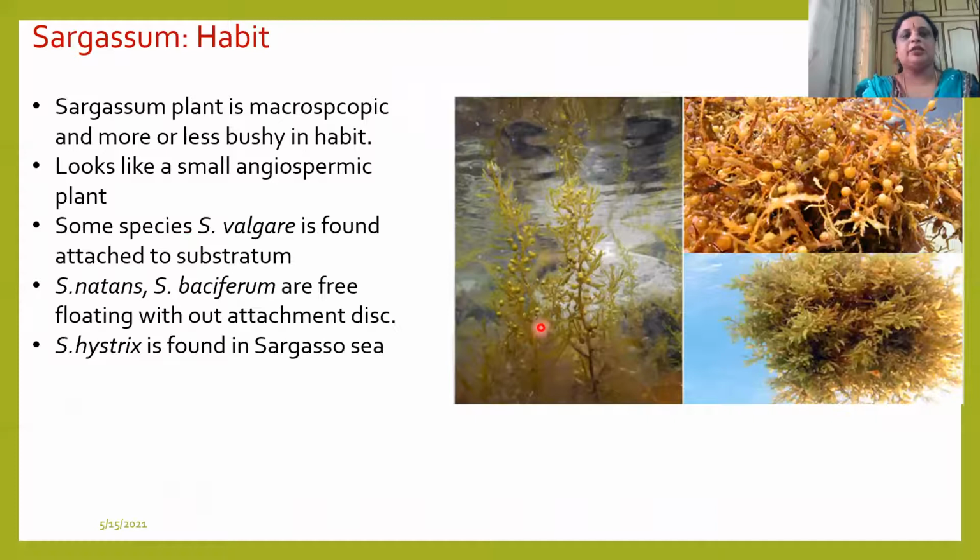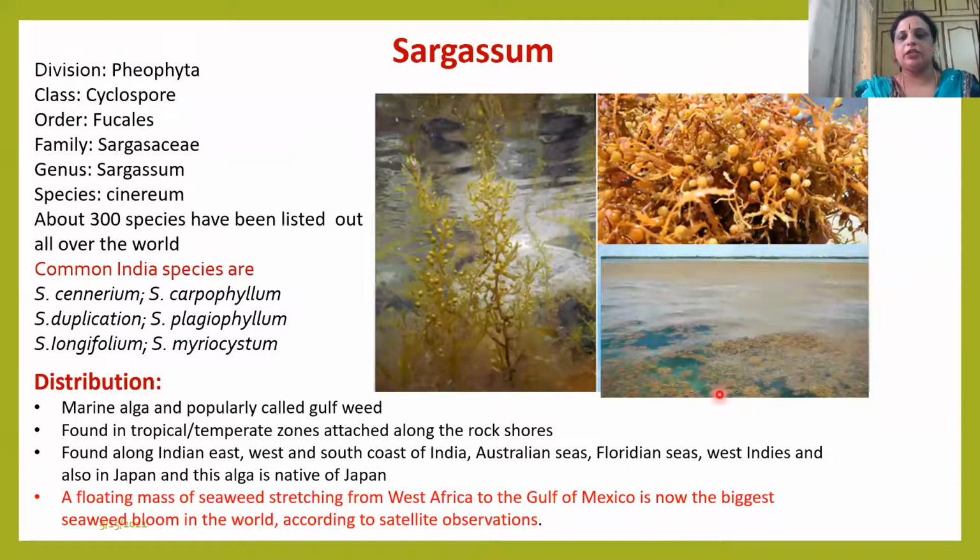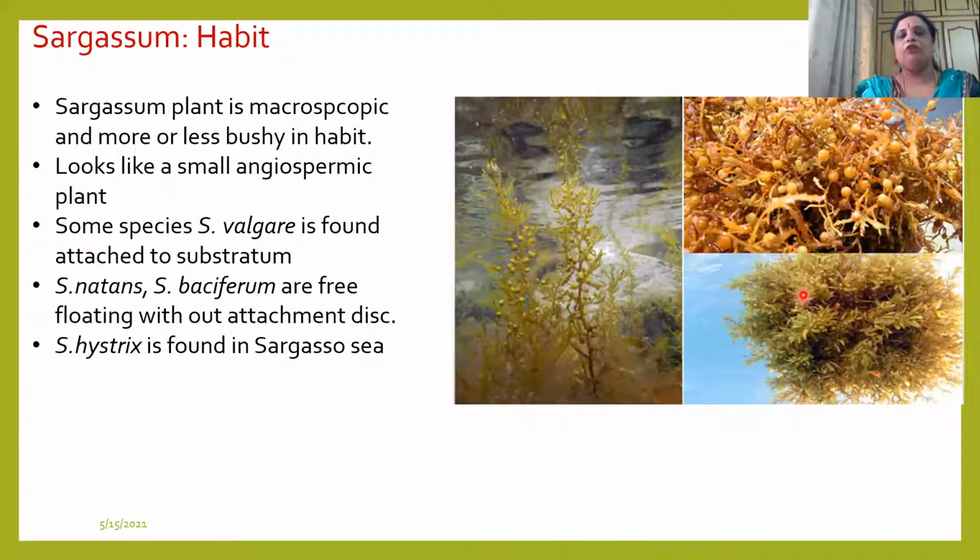We also studied its habitat, as I had mentioned in my previous class. This is an alga which looks like a bushy angiosperm plant, and most of the species are found to be floating. As you could see in this image, they are floating forms, and some of the species, for example Sargassum vulgare, are found attached to the substratum with the help of an attachment disc. That also we have studied.